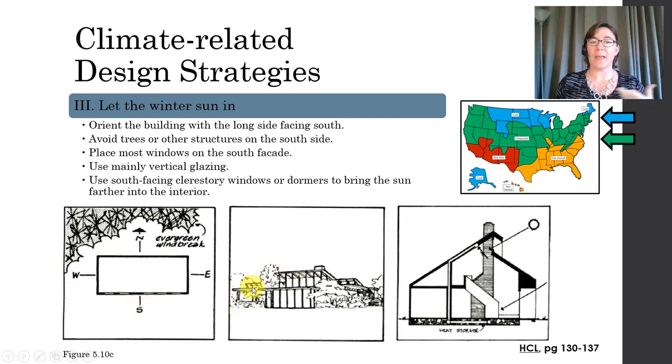And so you're going to open that up. You're not going to plant any trees on the south side. You'll fill that side up with windows. There's an illustration of it here, using some vertical glazing just to pull that sun all the way in. And that is going to let that low winter sun into your building.